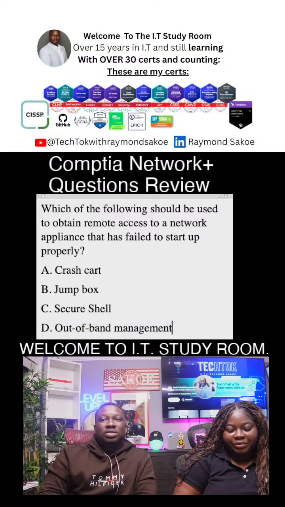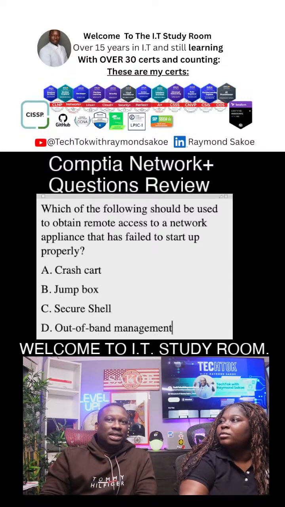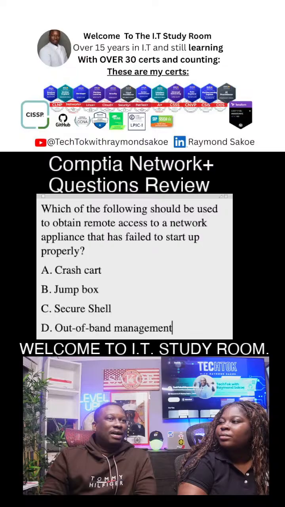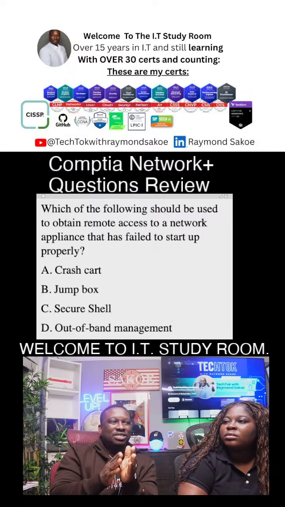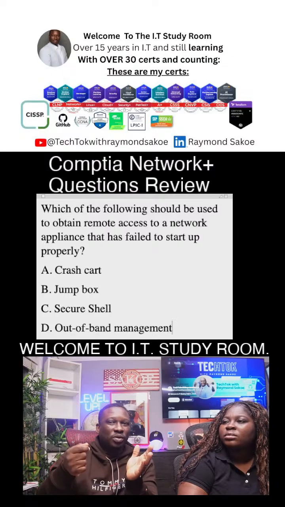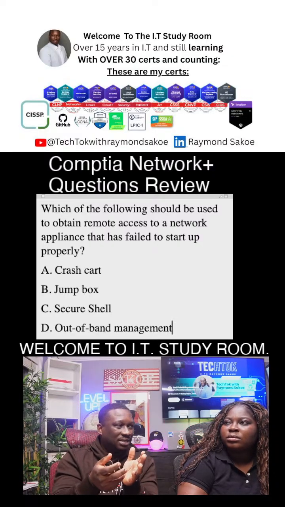So now there's two ways of connecting to network appliances. You have inbound, which means the same connection that the device is using to access the network. Usually it will be a specific port on the device. That is inline.